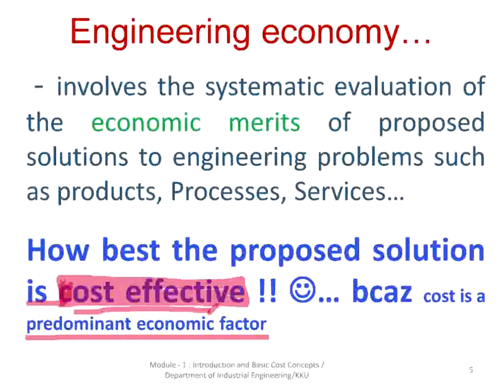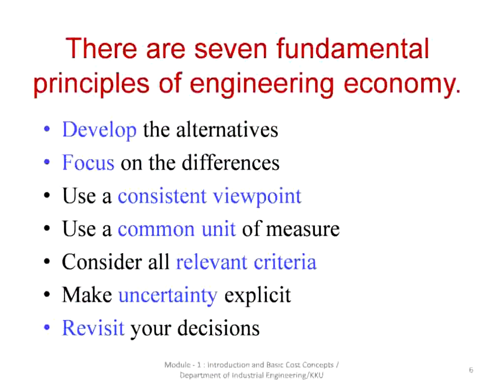So when you talk about economics, we try to get the best proposed solutions by comparing various factors. Among various factors, the very important factor is cost, because it is predominant for economics. Understand? Fine. Now let's see the next slide.